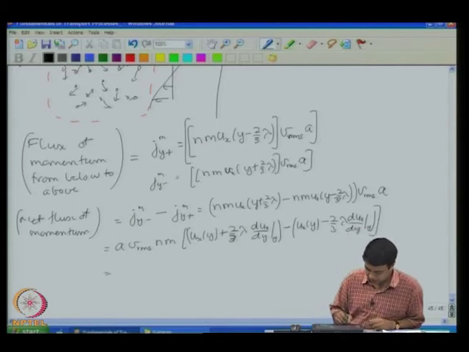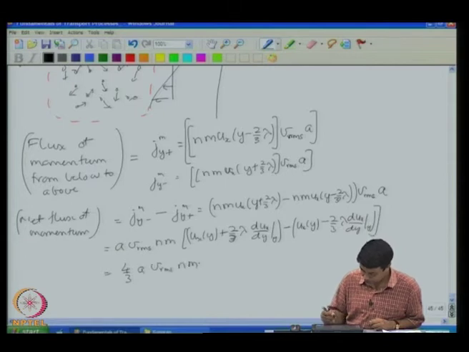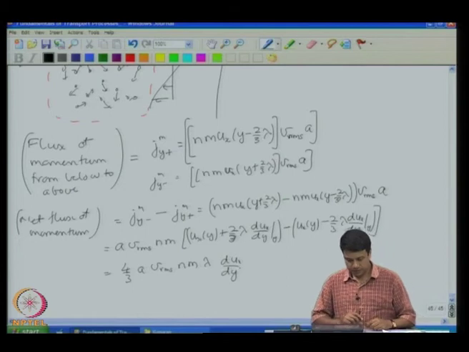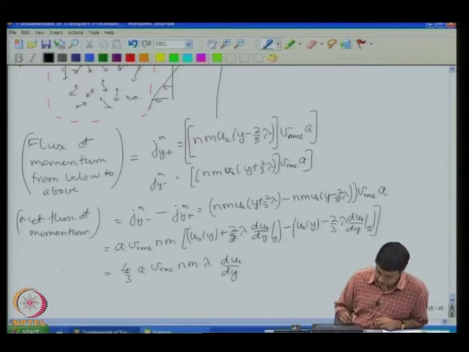And this is equal to 4 by 3 A Vrms N m lambda times dux by dy. So, this is the flux of momentum. The flux of momentum is nothing but the shear stress tau xy.